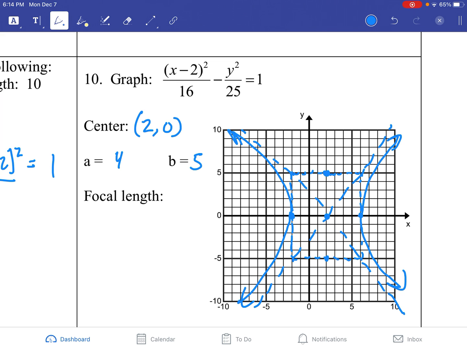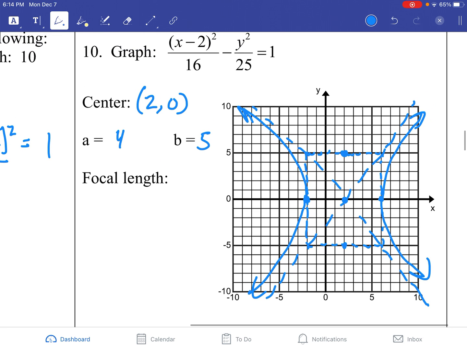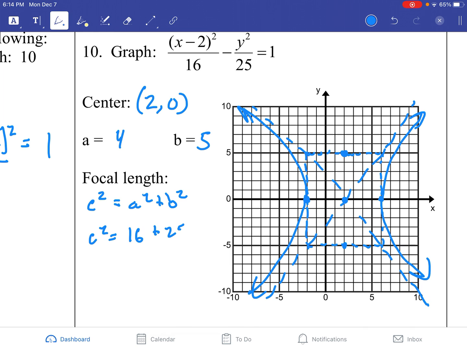Now we're not done. We still have to draw the focal points, but we've got to find the focal length first. We do this by using the formula, which is very similar to the ellipse formula: c squared equals a squared plus b squared. An ellipse is plus in the equation but minus in the formula. Hyperbola is the reverse: minus in the formula... er, plus in the formula and minus in the equation. So c squared is equal to a squared, which is 16, plus b squared, which is 25.